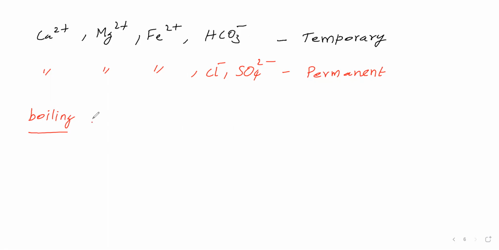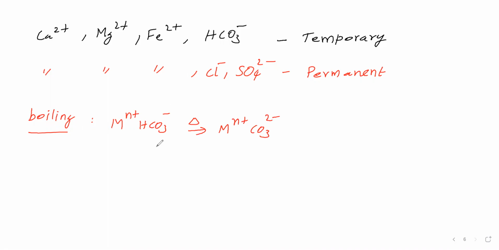Now see that any bicarbonate salt on heating will become carbonate. You take a metal bicarbonate, and on heating that will become metal carbonate.